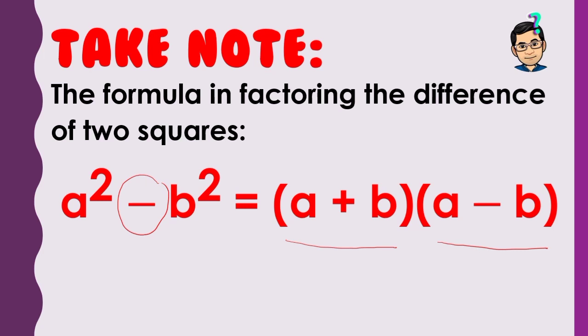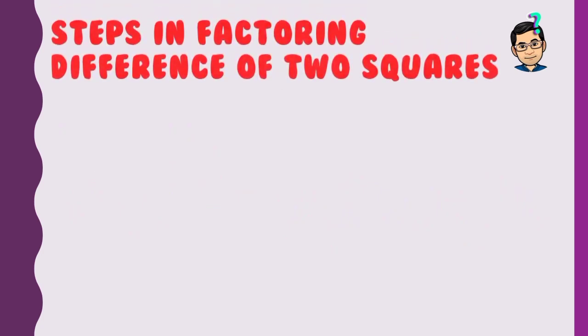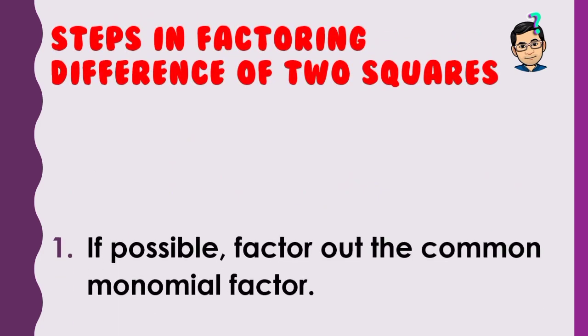So, kung makikita nyo, pareho lang sila ng term, nagkakaiba lang sila sa sign. Again, kapag chinek natin yung sagot, ang multiply natin ng a plus b sa a minus b, positive times negative, magiging negative. So, positive times negative, anong lilitaw na sign? Negative.